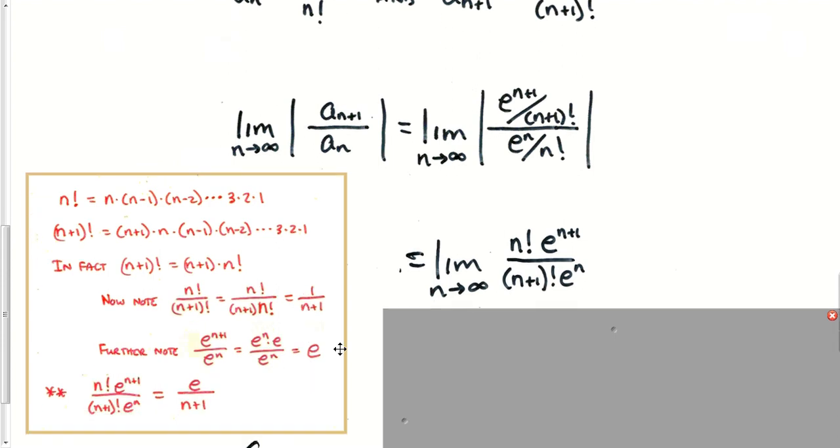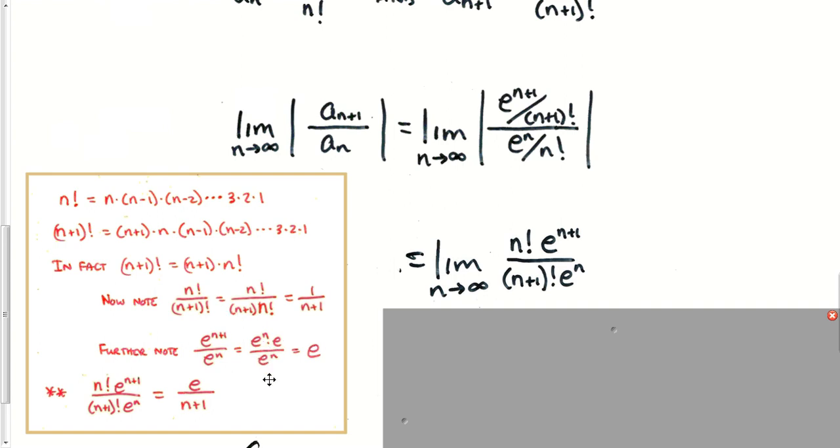Now, this is not quite related to the factorials, but it's related to this fraction that we've got here. We do have e to the power n plus 1 divided by e to the n power. Let me remind you that e to the power n plus 1 is just e to the n times e.